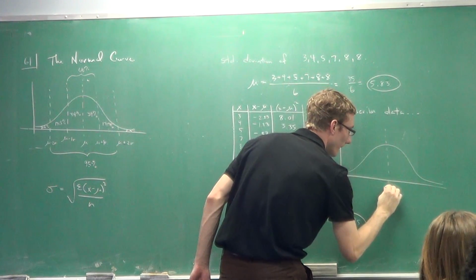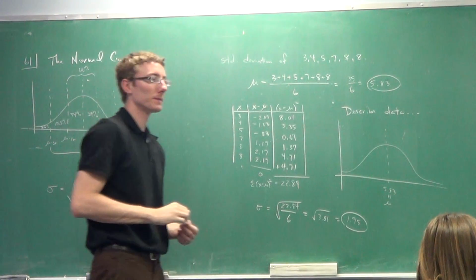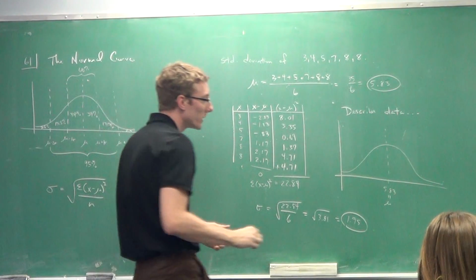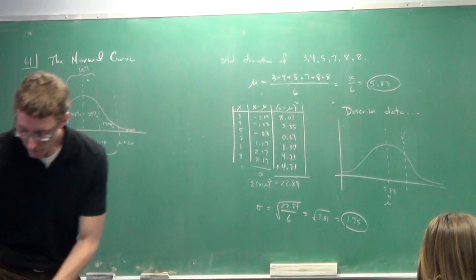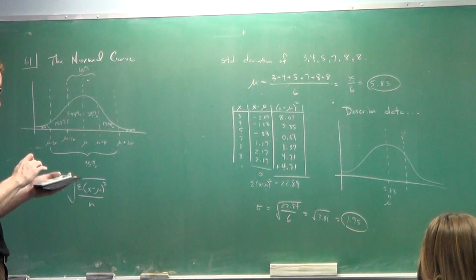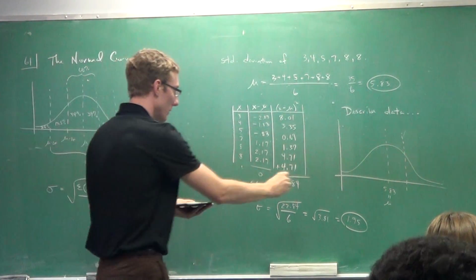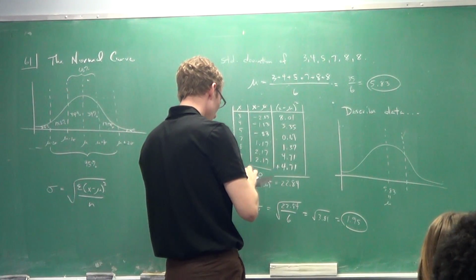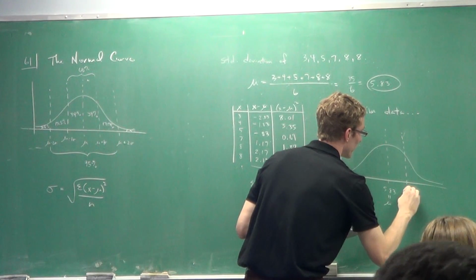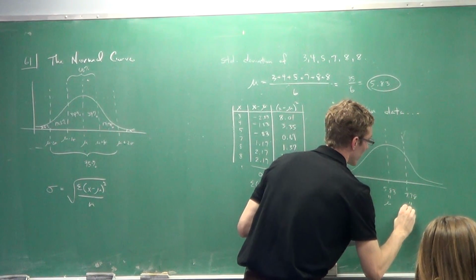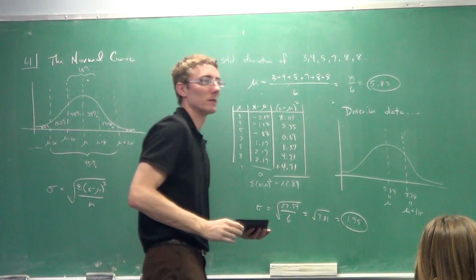The mean, 5.83. Go one standard deviation to the right. 5.83 plus 1.95, because the standard deviation is 1.95. 7.78 is mu plus 1 standard deviation.